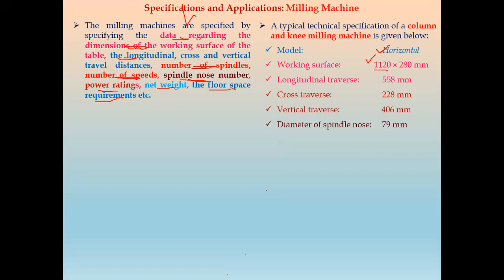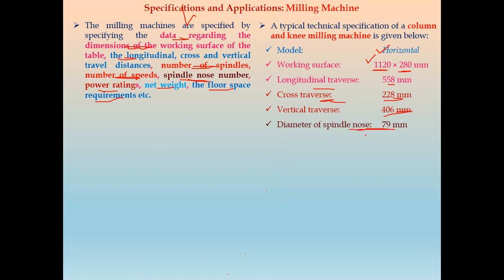This is the length of the working surface, and this is the width. Then we have longitudinal traverse, which is 558 mm. Then cross traverse, it is 228 mm. Then vertical traverse, that is 406 mm. Then diameter of spindle nose, 79 mm.